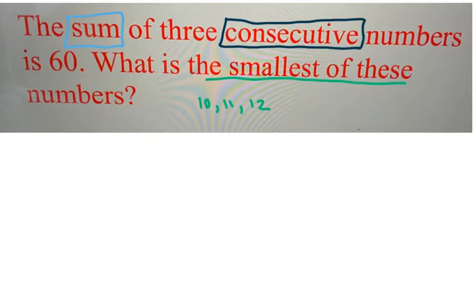Does that get me close to 60? Well, no. So an easier way to do that is we assign a variable. So we know the smallest number would be the first one. So in this case, it would be the 10. But if I don't know what that actual number is, I'm going to assign a variable. So I'm going to say n. So our let statement becomes let n equal the first number.